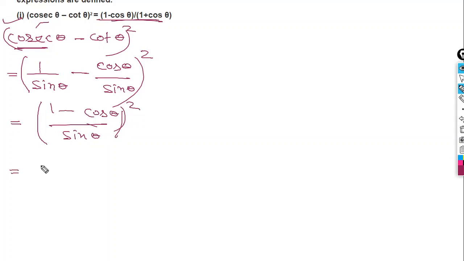Equals (1 minus cos theta) whole square divided by sin square theta.